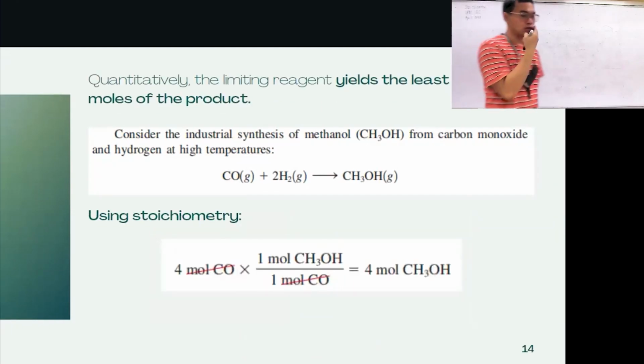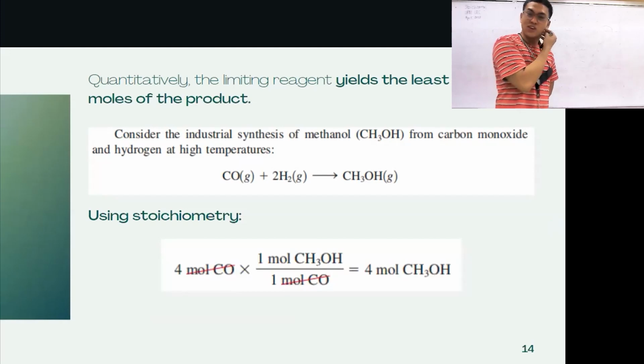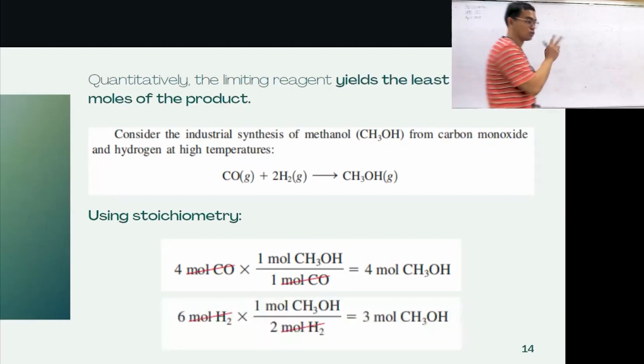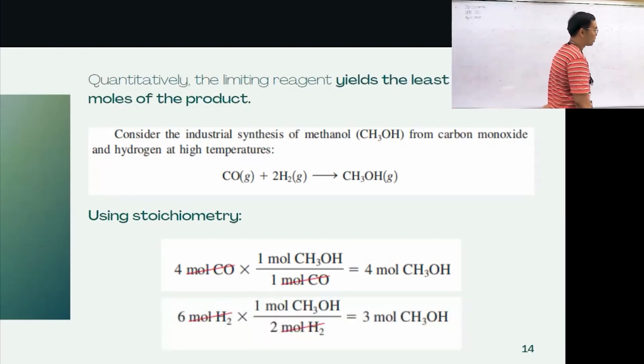Ayan, using stoichiometry, we can see bakit siya yung limiting reagent. So sinabi natin kanina, it's a clue na your limiting reagent yields the least number of moles of the product. Sige, next na po natin. So using stoichiometry, we have 2 solutions. As you can see on your screen, you have 4 moles of your carbon monoxide.